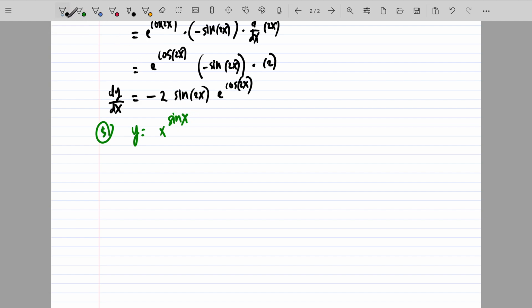Okay, so let's go back sa formula na u raised to b, which is u raised to b minus 1 du plus u raised to b ln of u and then db.